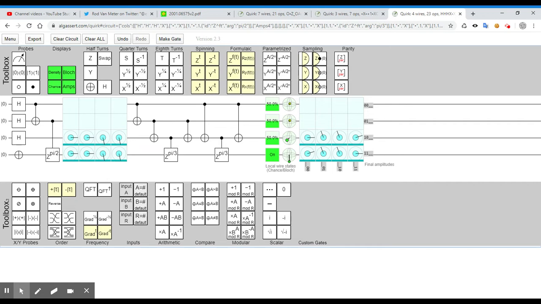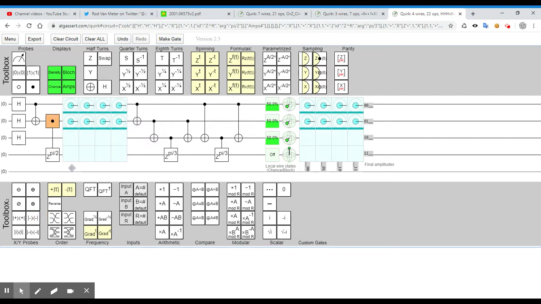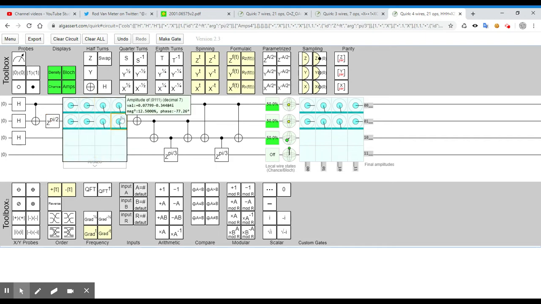wait a second. I shouldn't reuse the ancilla qubit, that's for sure. Actually, I'm stupid. What am I doing? I don't even need the ancilla qubit. I mean, if it's a 1, then you just can rotate the thing. Right?